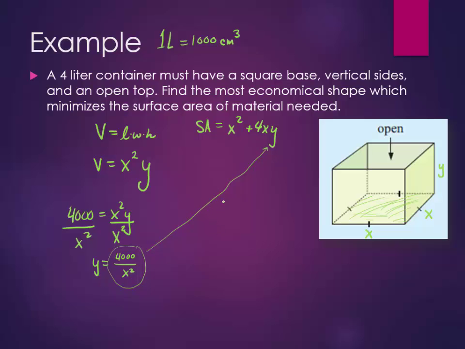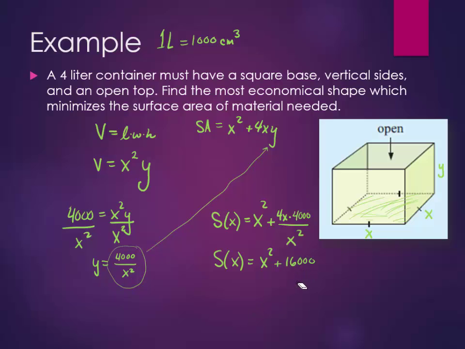So instead of surface area SA, I'm going to call it S sub x now, because it is one variable. That is going to equal x squared plus 4x times 4,000 over x squared. So that eventually equals 16,000. I'm getting there. So we simplify this a little bit. That is x squared plus 16,000 over x.